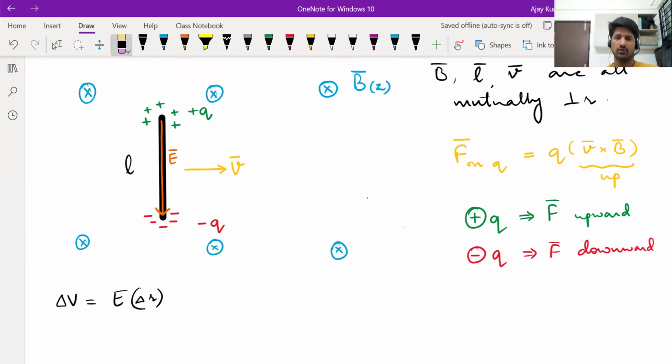That is the idea we are going to use to derive the EMF generated in this case. But for that, we need to know how much electric field is generated. Now listen. First tell me, what is forcing the charge separation here?